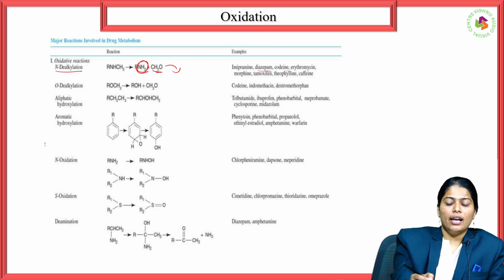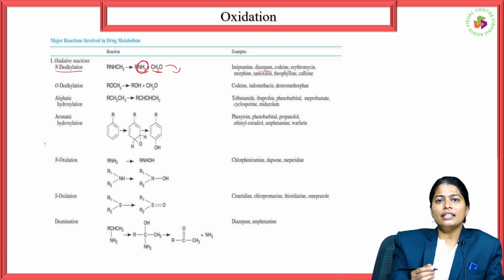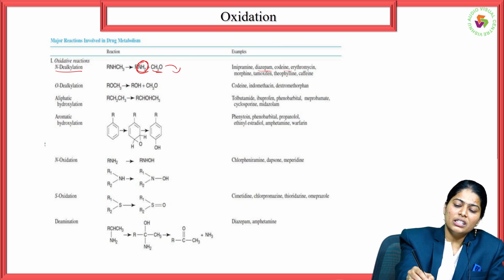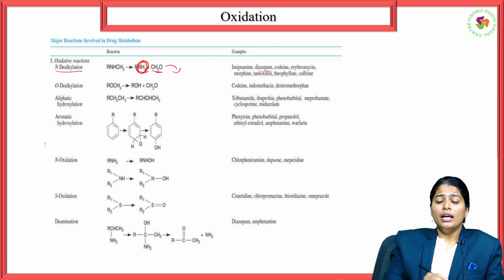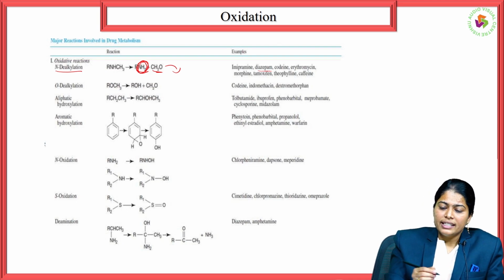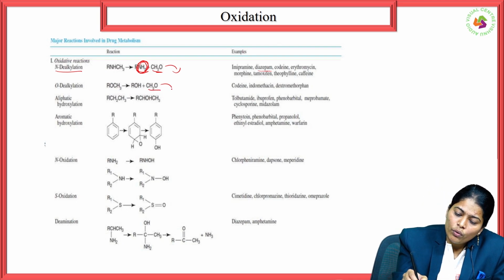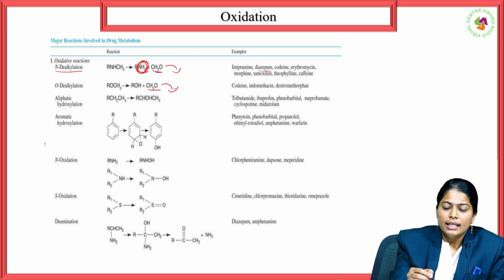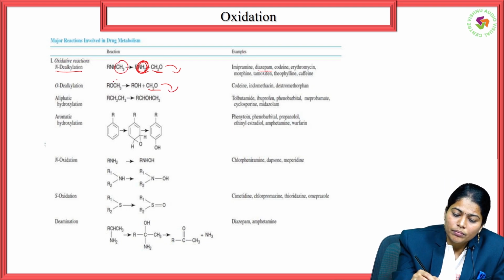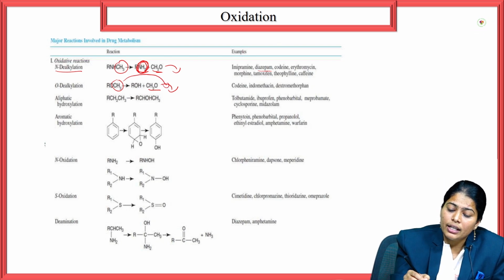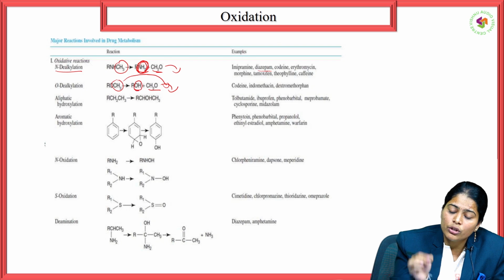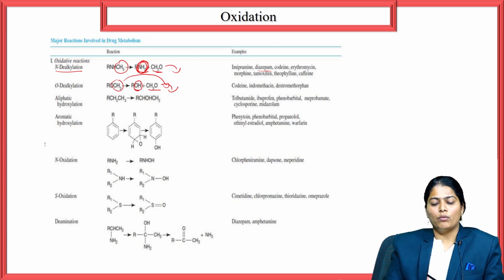Next, O-dealkylation. In N-dealkylation reaction, what happened? An amine group is attached to the drug molecule. In O-dealkylation reaction, same, the alkyl group was removed from the drug molecule. See here, this is the group removed from the drug molecule, and here it is O-dealkylation. That's why an OH group, hydroxyl group, is attached to the drug molecule.